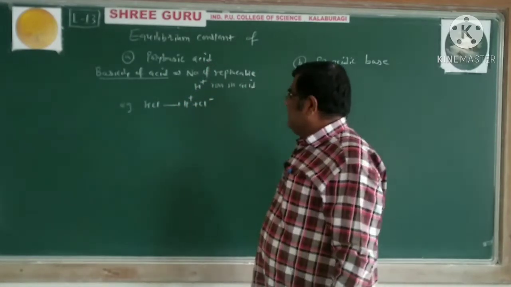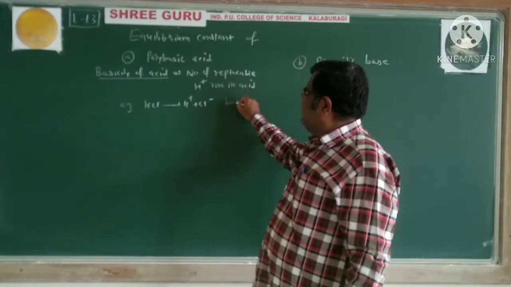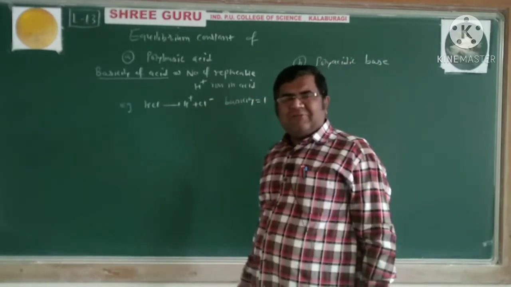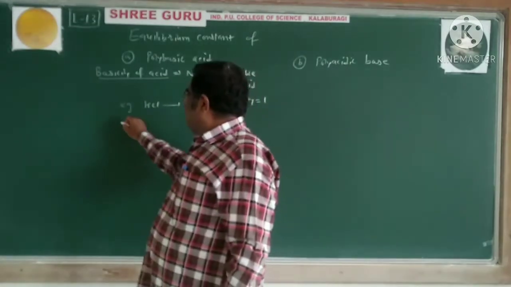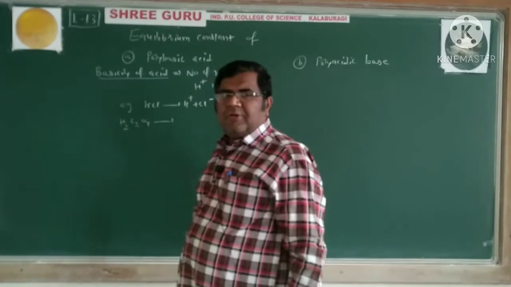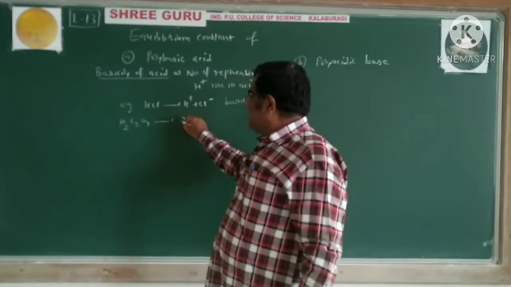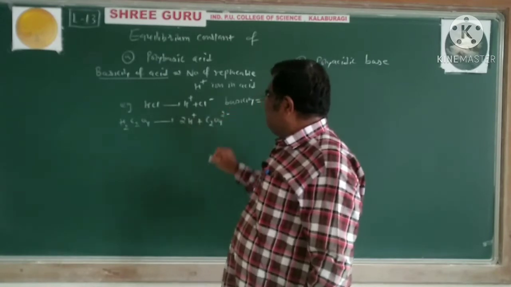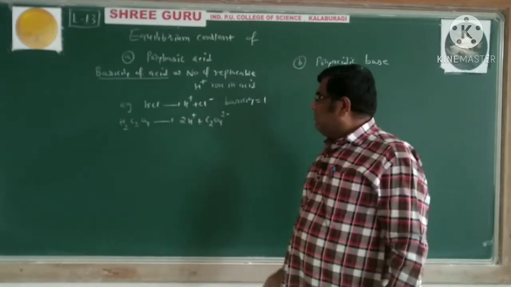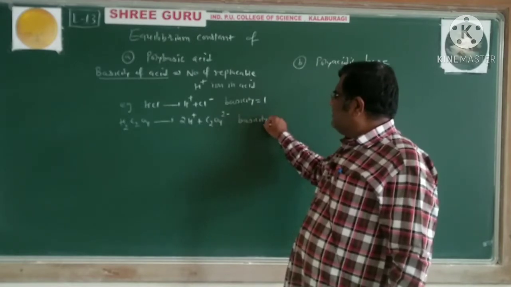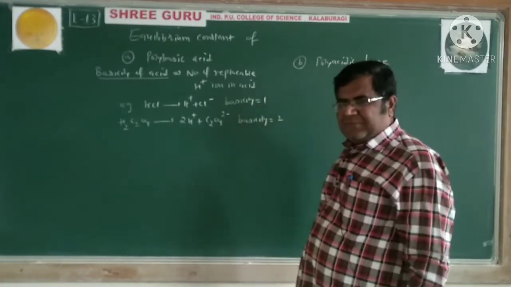That's why we can say that basicity is 1, because there is only one H plus ion. If we consider H2C2O4, oxalic acid, it gives 2 H plus ions and the oxalate anion, and we can call this basicity. It's 2 here.